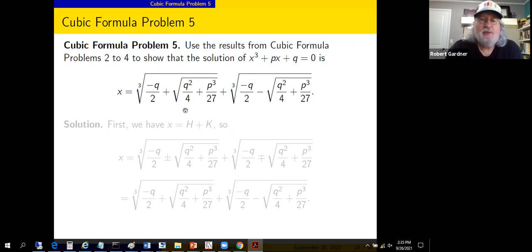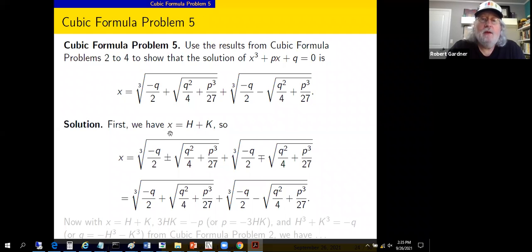So the claim is x will take on these values. And that's totally unsurprising because if you'll recall, this looks a lot like h and this looks a lot like k. We had x equals h plus k, where h and k had those plus or minuses in them. We had the cube root of this plus or minus that. For h, correspondingly for k, we had the cube root of this minus or plus that.